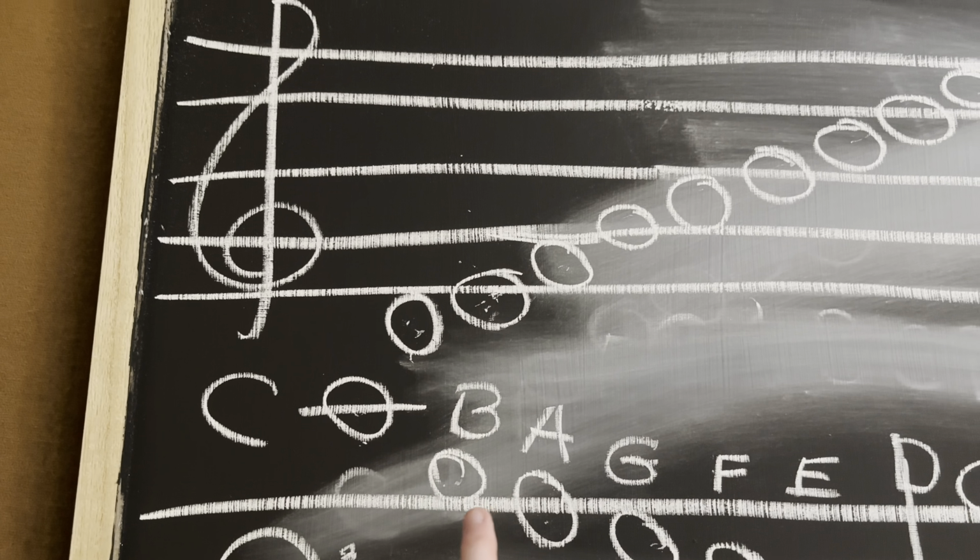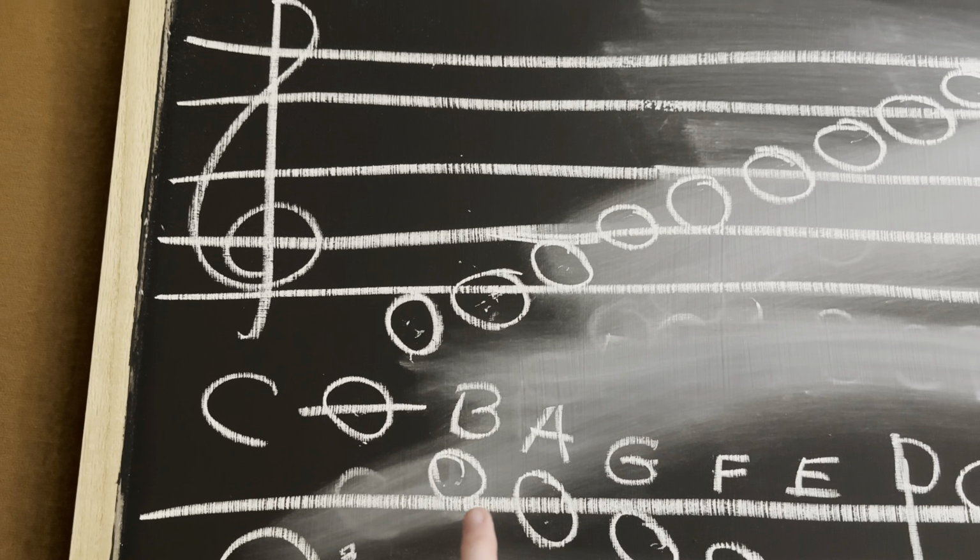So we have C, B, A, G, F, E, D, C, B. So from middle C to this G, that is the lines and spaces of the bass clef.